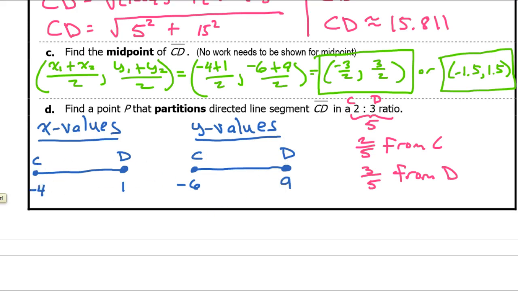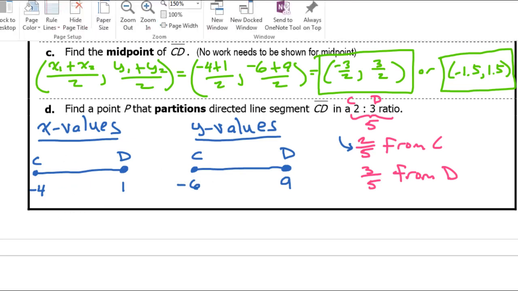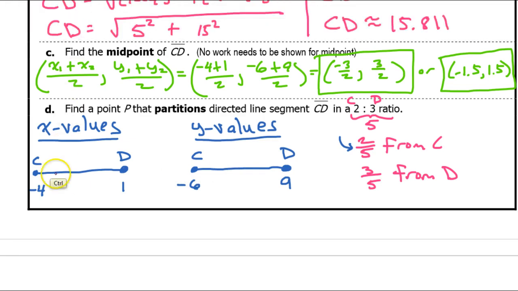I always like to go from left to right. So I want to go from C and see how far I go. So that's why I'm going to end up using this fraction right here, 2/5 of the way from C, simply because I like to go from left to right. But first of all, I need to know how far apart these are anyway.